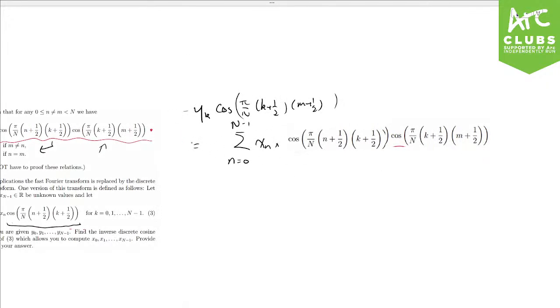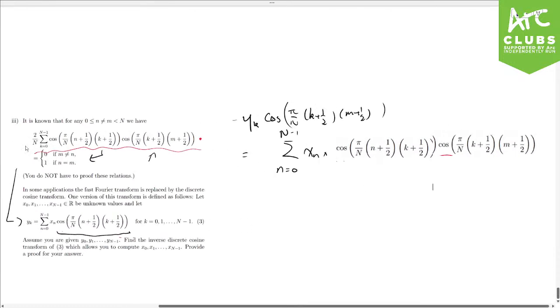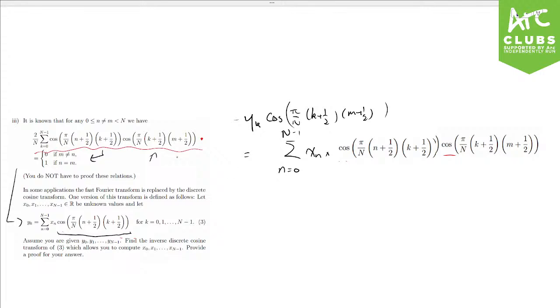So once we get this, we want to make this look even more similar to this expression here. So what we're missing is a summation over k and a 2 on n. So we can just add the 2 on n in, and also the summation over k.